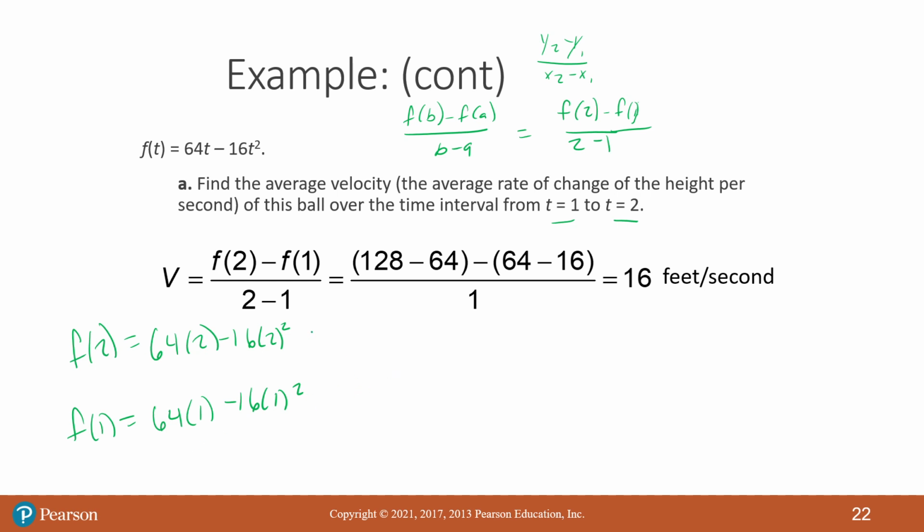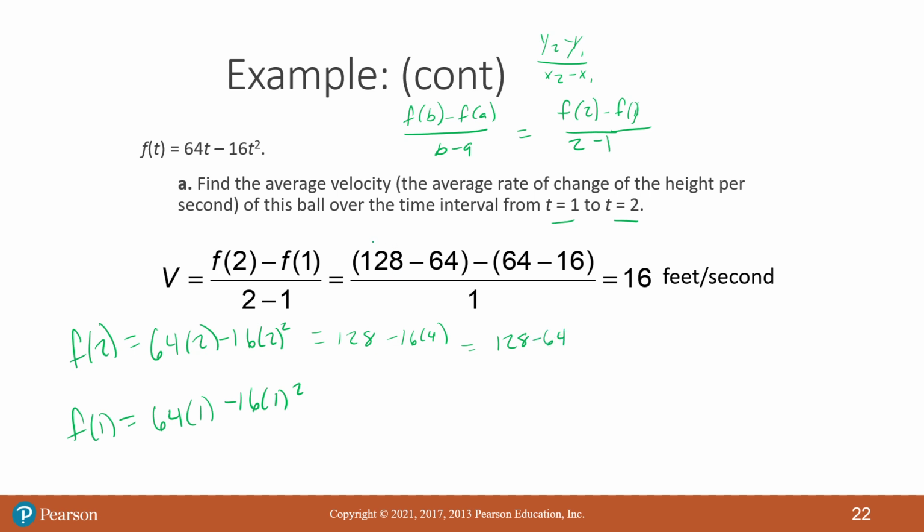Okay, 64 times 2 is 128. 2 squared is 4. 16 times 4 is 64. So we wind up with 128 minus 64.